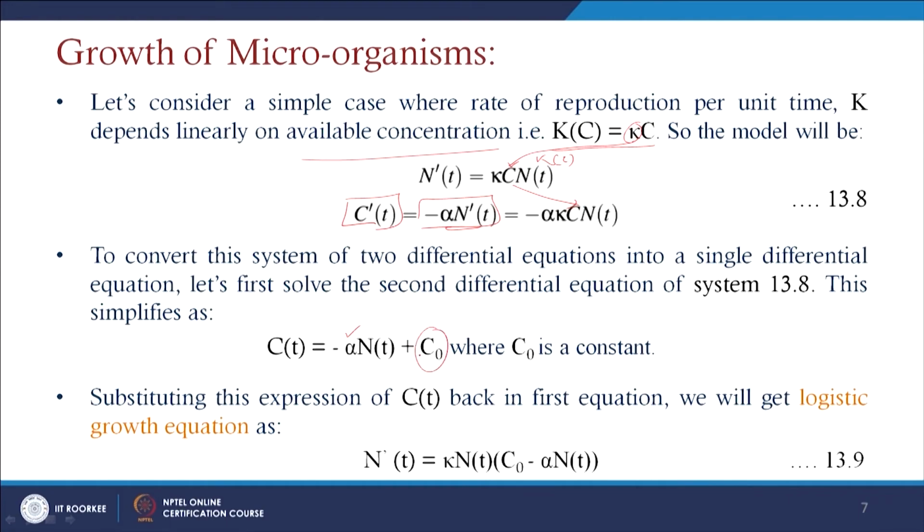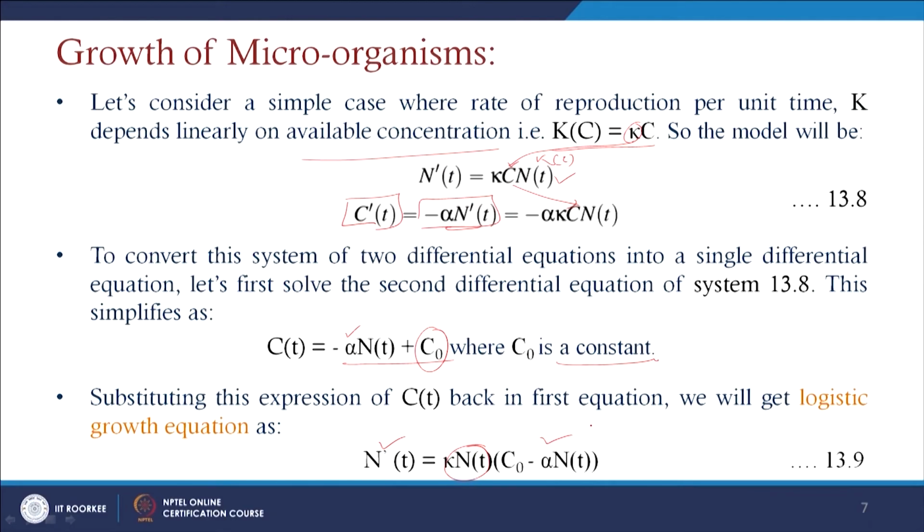If you substitute this expression for C(t) back in the first equation, we write n'(t) equals k C n(t), where C is replaced by C0 minus alpha n(t).